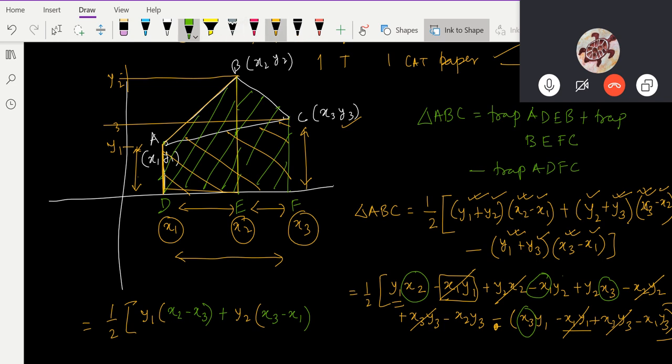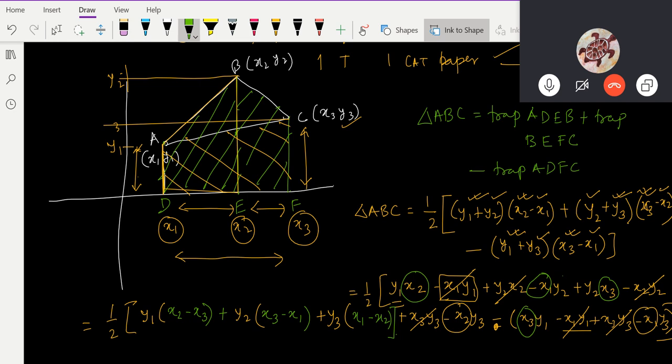Plus Y3 into minus X2 and plus X1, because minus minus will become plus, so Y3 into X1 minus X2. This is the final form of my expression, which we derived yesterday also.